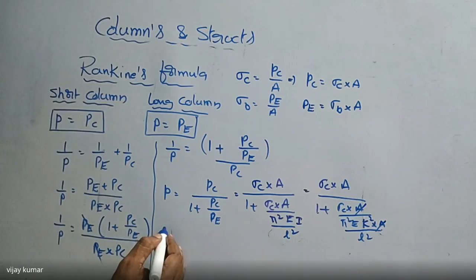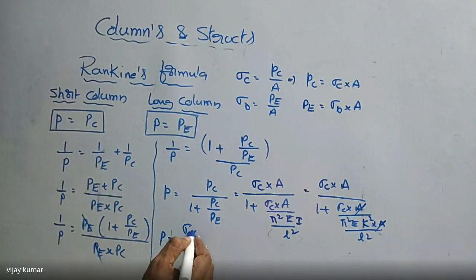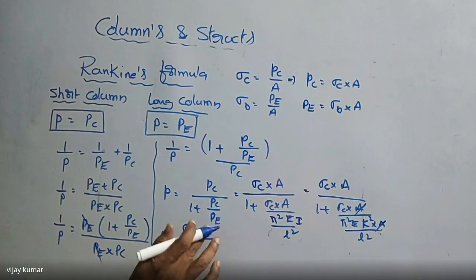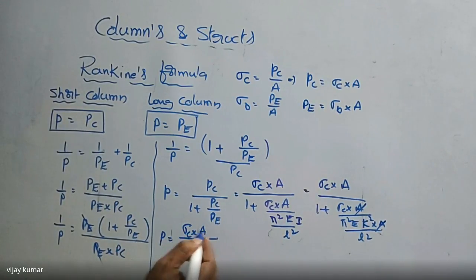Then I am writing here P is equal to sigma C into A, that is capital A, the area of cross section of the column, plus sigma C divided by pi square into E into L by K, whole square.